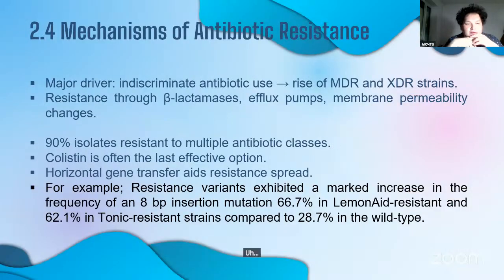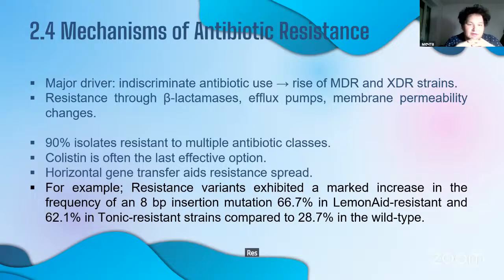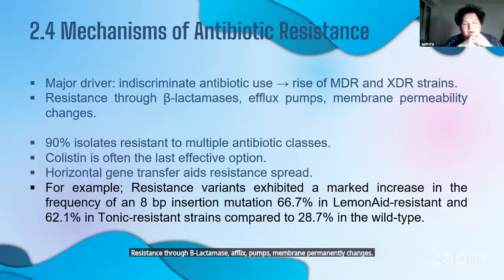But I also would say that a major driver for indiscriminate antibiotic use is the rise of MDR and XDR strains. Resistance comes through beta-lactamases, efflux pumps, and membrane permeability changes.